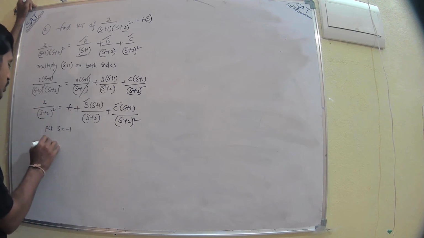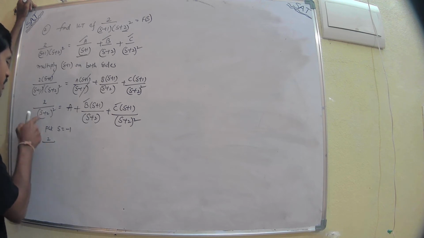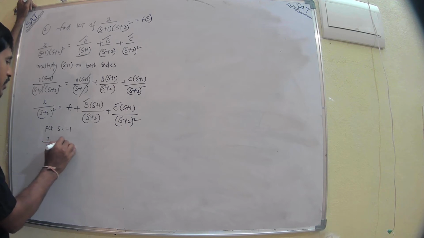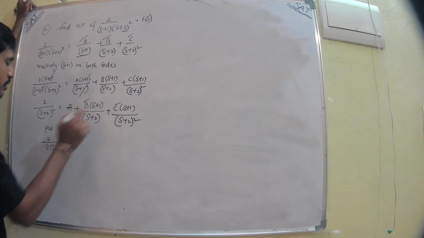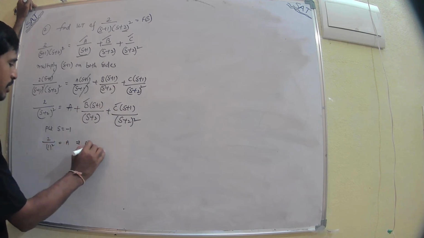So 2 by (minus 1 plus 2) whole square, that is 1 whole square, is equal to A. This is 0, this is 0. So A is equal to 2.